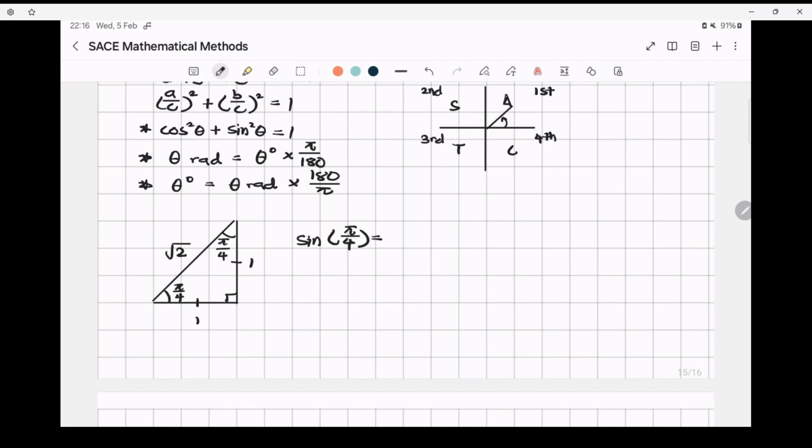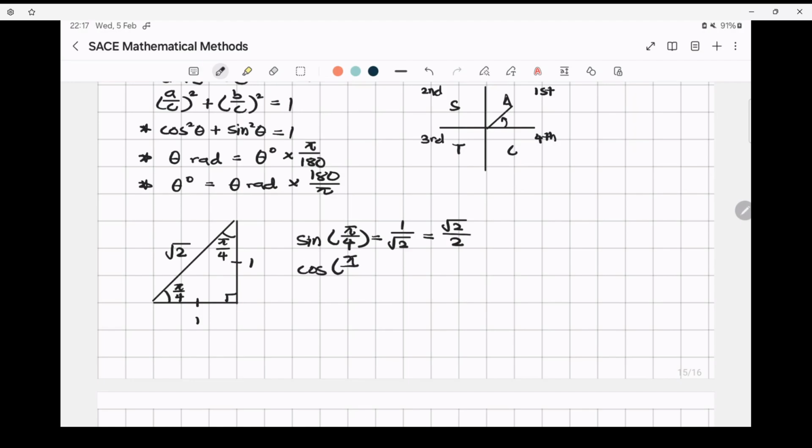Sine pi over 4 will be 1 over square root 2, and 1 over square root 2 you can move the root to the top by multiplying square root 2 divided by square root 2. So this is also similar to square root 2 over 2.